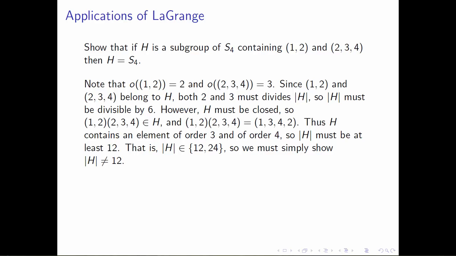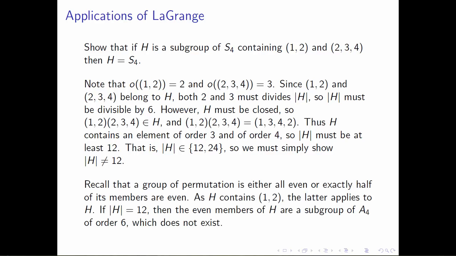And this is where we have to get a bit resourceful. What we need to recall, and if you don't recall this, it's a cute application of the formula that the order of the group is equal to the number of cosets of a subgroup times the order of that subgroup. But if you don't recall, you can use that cute little argument to figure out that in a group of permutations, either all the permutations are even, or exactly half of the permutations are even permutations.